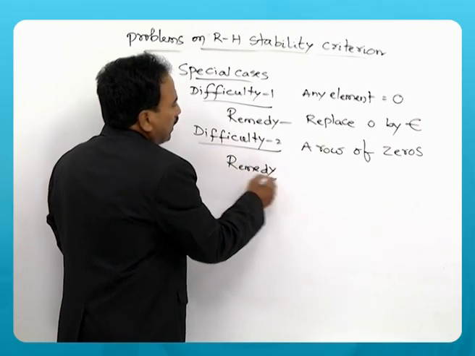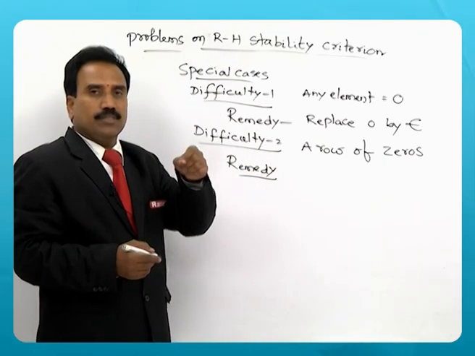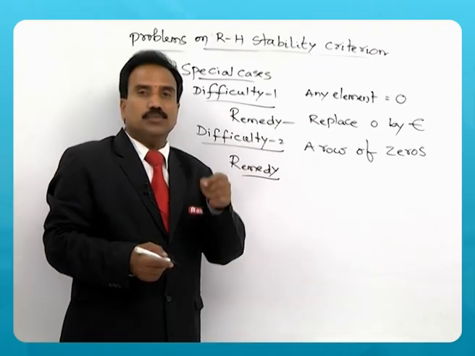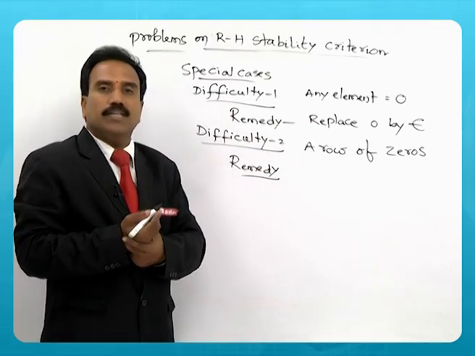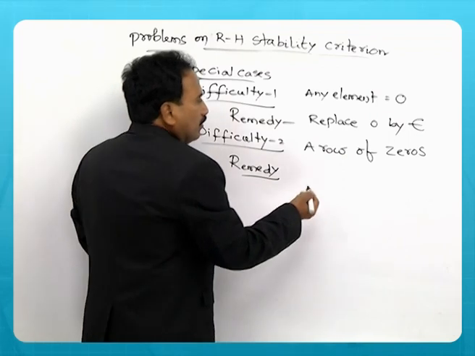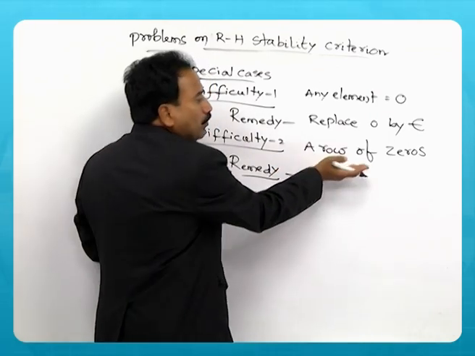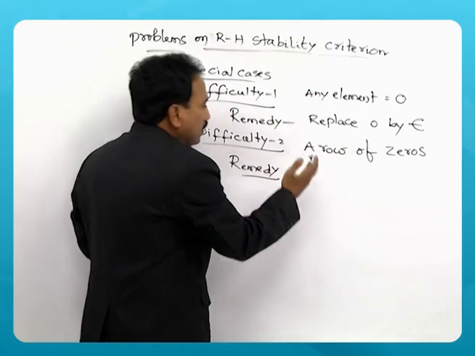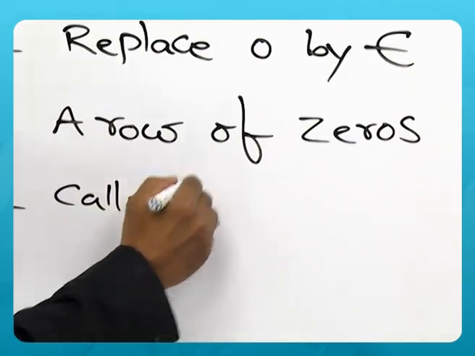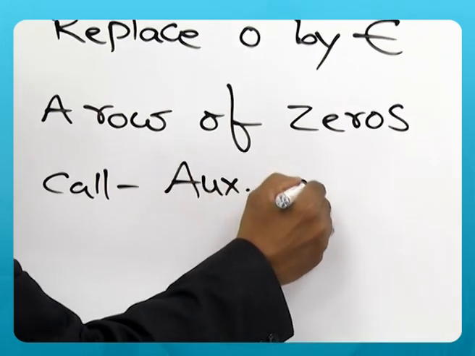That was invented by Routh and Hurwitz. If such a situation arises while creating the table, then what you have to do is select the row above the row of zeros. Call that the auxiliary equation.